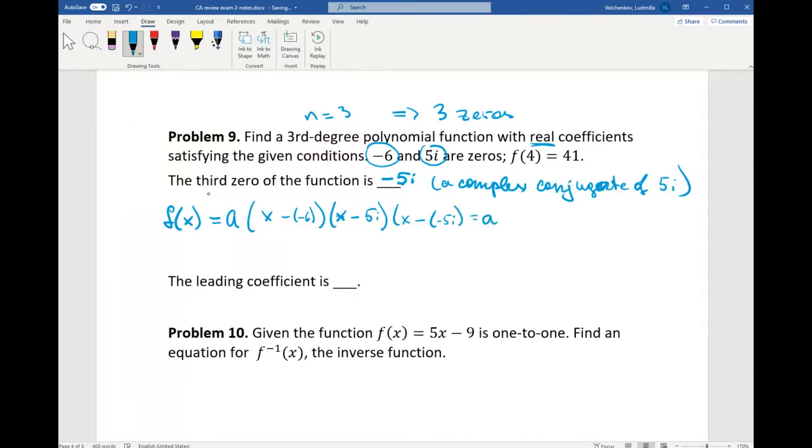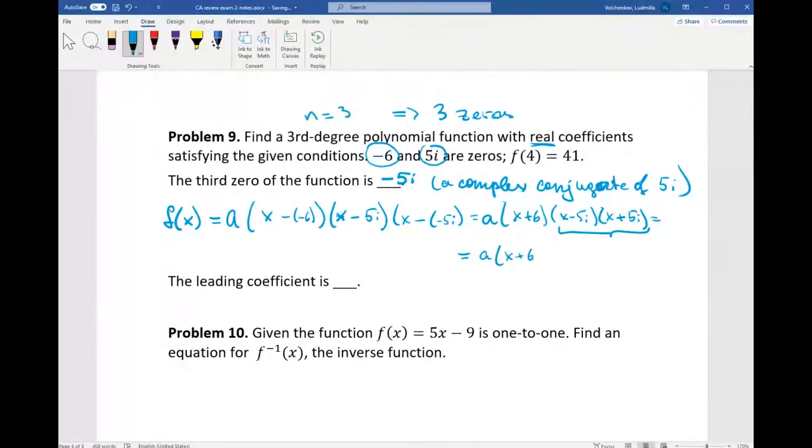And simplify it. So x plus 6 times x minus 5i times x plus 5i. And we can simplify it even more. Since we have a difference times sum, we can rewrite it as a difference of squares.